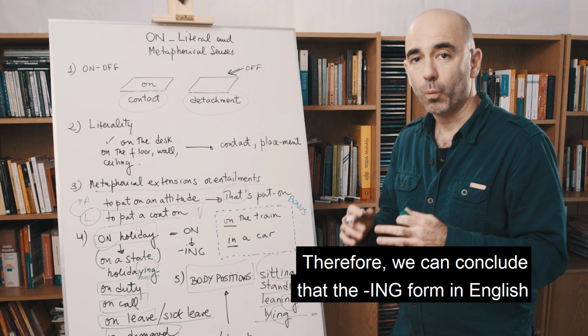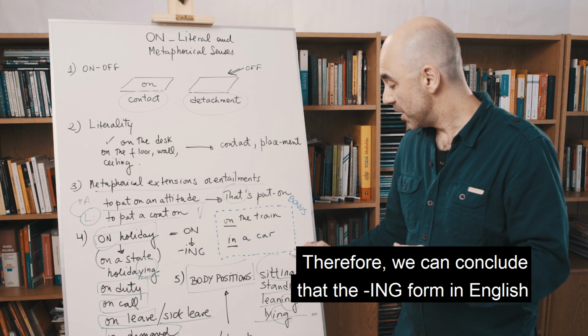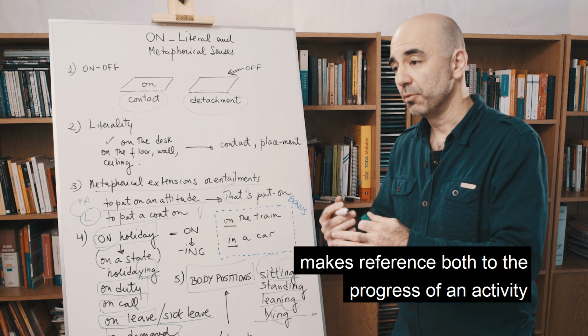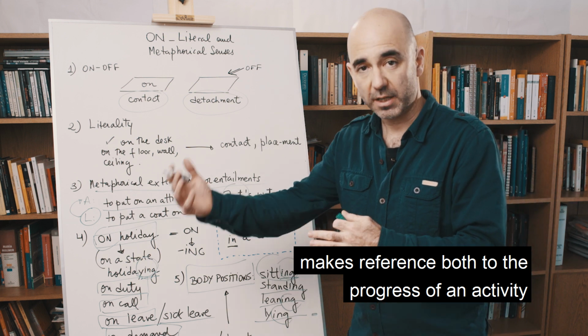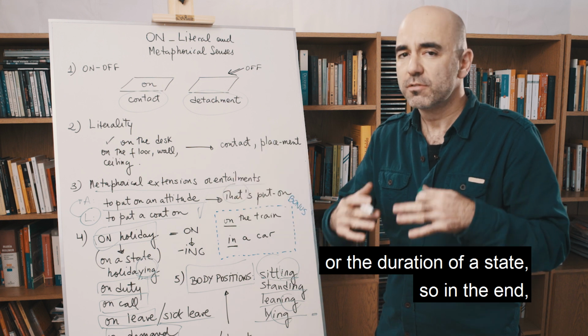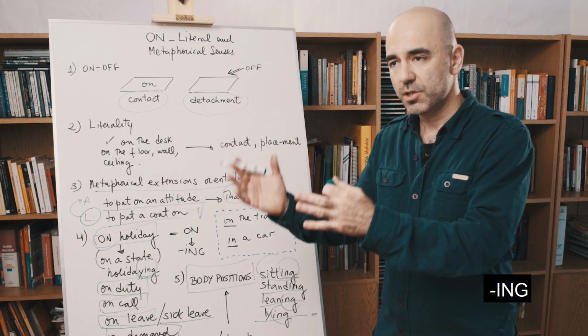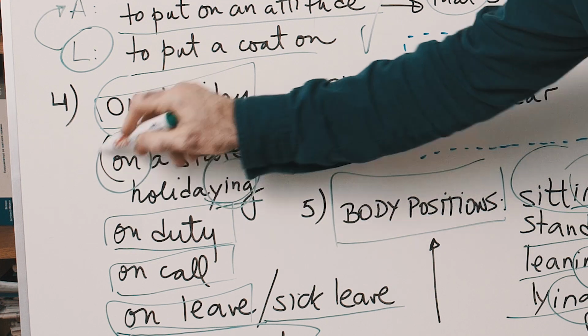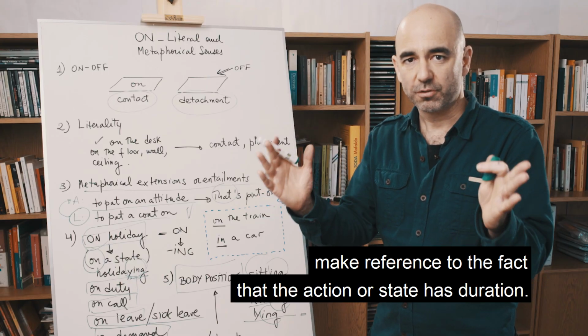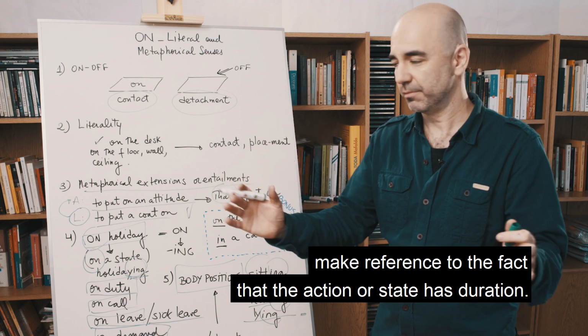Therefore, we can conclude that the ing form in English makes reference both to the progress of an activity or the duration of a state. So in the end, ing or on make reference to the fact that the action or state has duration.